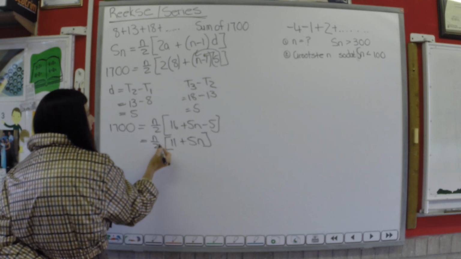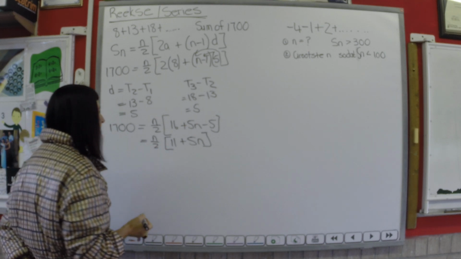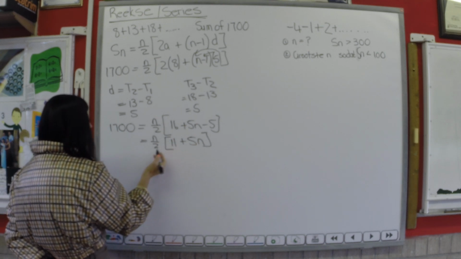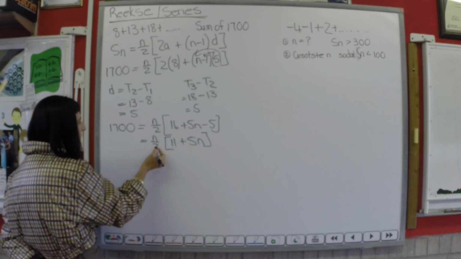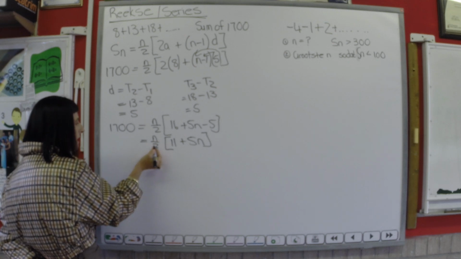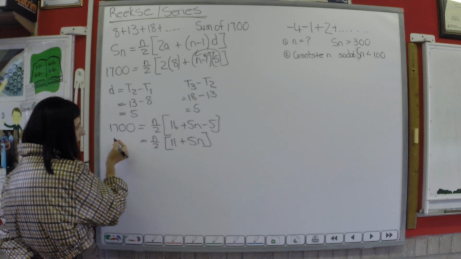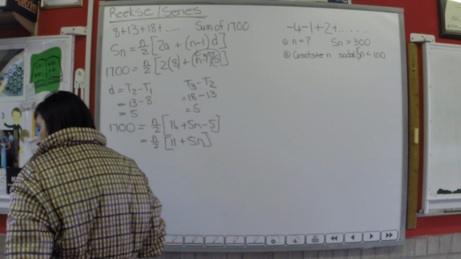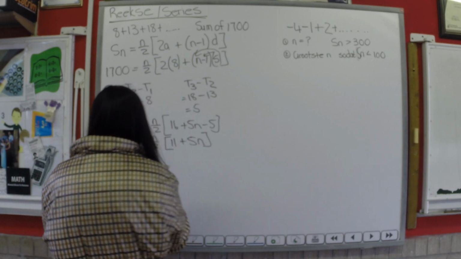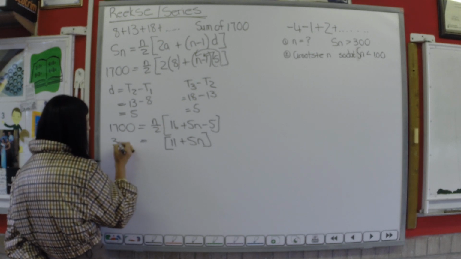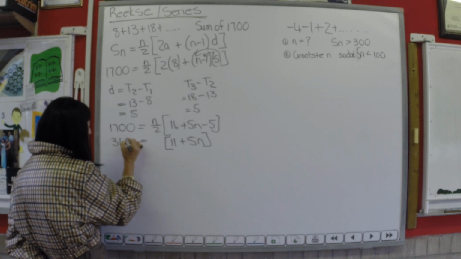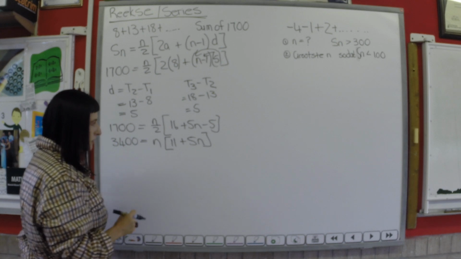En nou kan ek van hierdie twee ontslae raak, sommer vinnig. Ek kan hom daai kant toe vat en hy word 'n vermenigvuldiging. If I take it to that side, it becomes a multiplication. So 1700 maal met 2 gee vir my 3400. En dan het ek sommer van my breuk ontslae geraak.